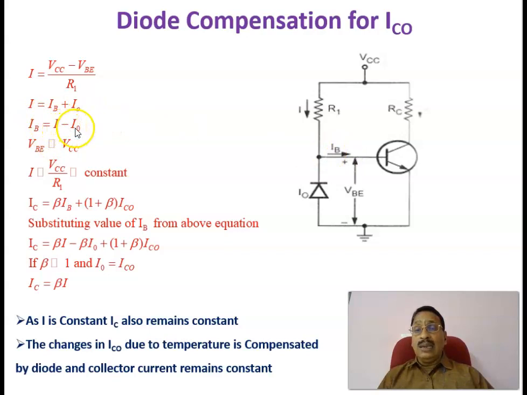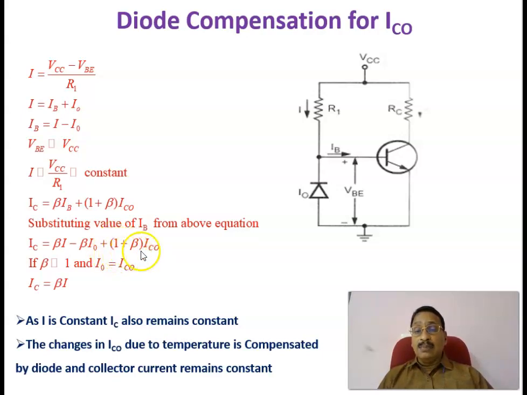IB is equal to I minus I0. Substituting this IB in this equation, we get beta I minus beta I0 plus 1 plus beta ICO. Now, beta is very large compared to 1; it may be in the range of 100 or even 80. The beta value will be much higher than 1, so you can neglect the 1.